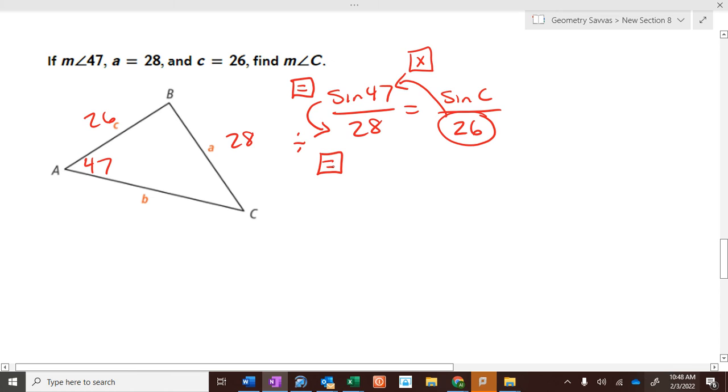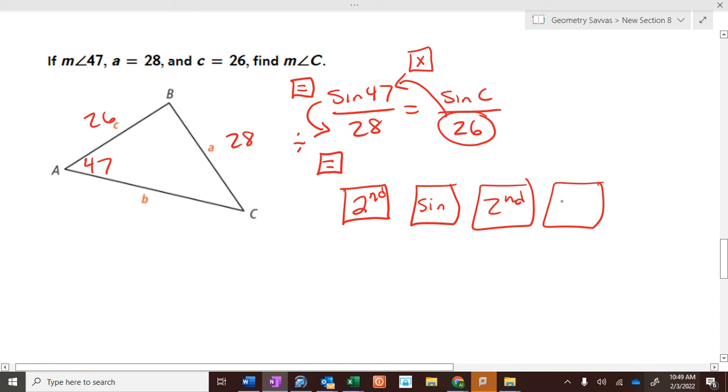Press equals. And now I'm going to give you another. Leave that number on your calculator. You get 0.7 something. I don't care what it is. And then after you get that decimal on there, you're going to push second sine, and then second again, and then the answer button, which is right down by the equal sign.